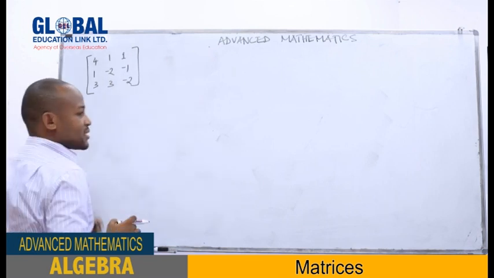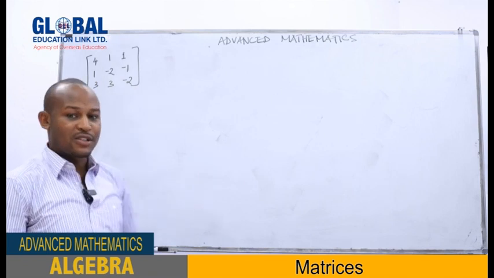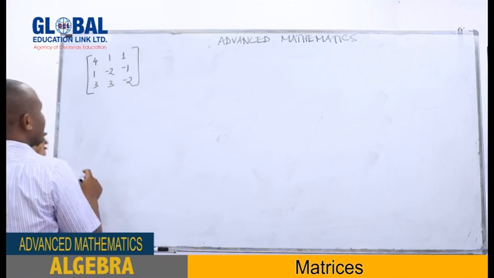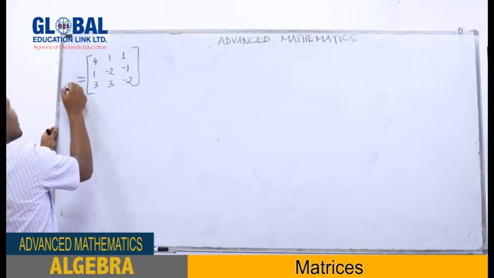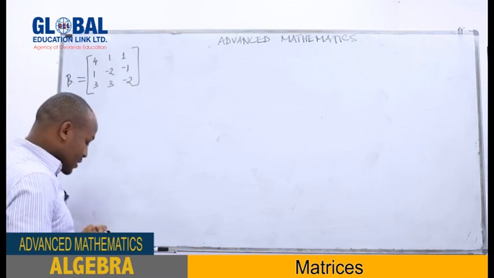So this is the matrix that is given from the example, and we are told to find the inverse of that matrix. How can we find the inverse of that matrix? Now let me give a name to this matrix. I will call this matrix B. So let me find the inverse of matrix B.